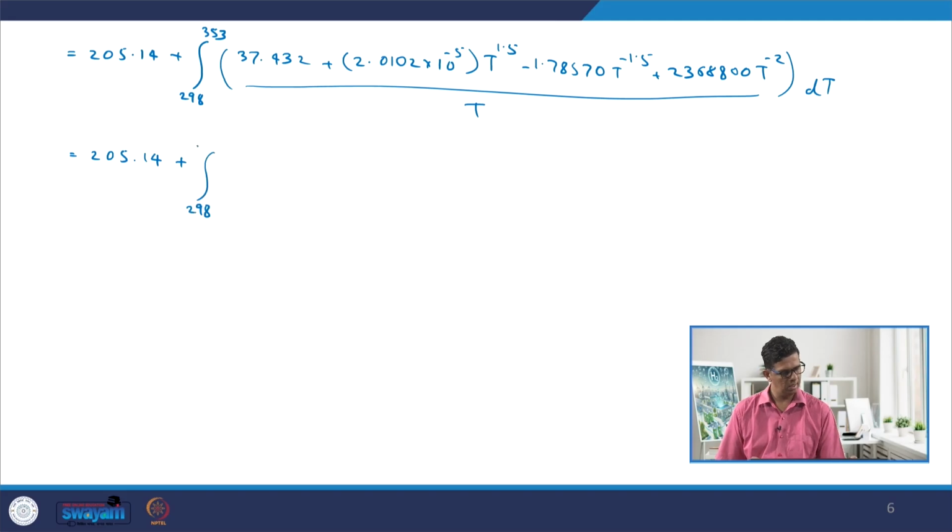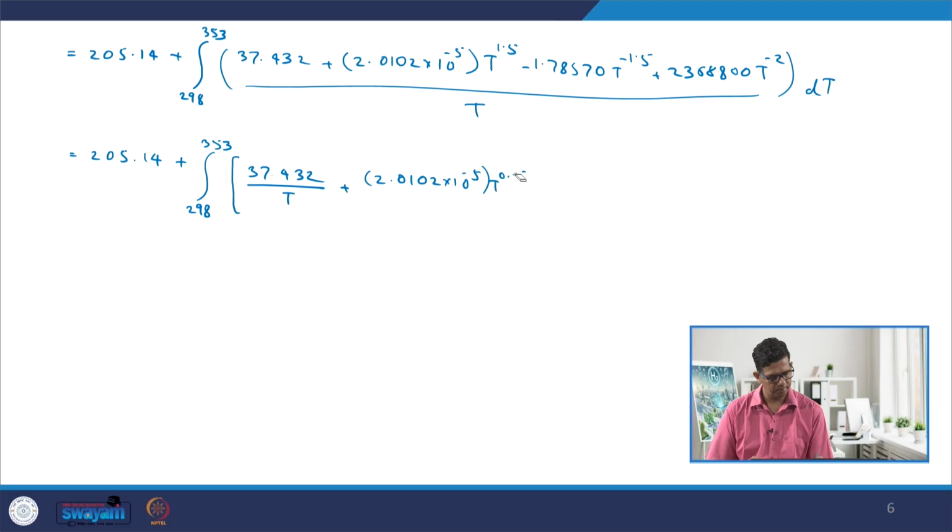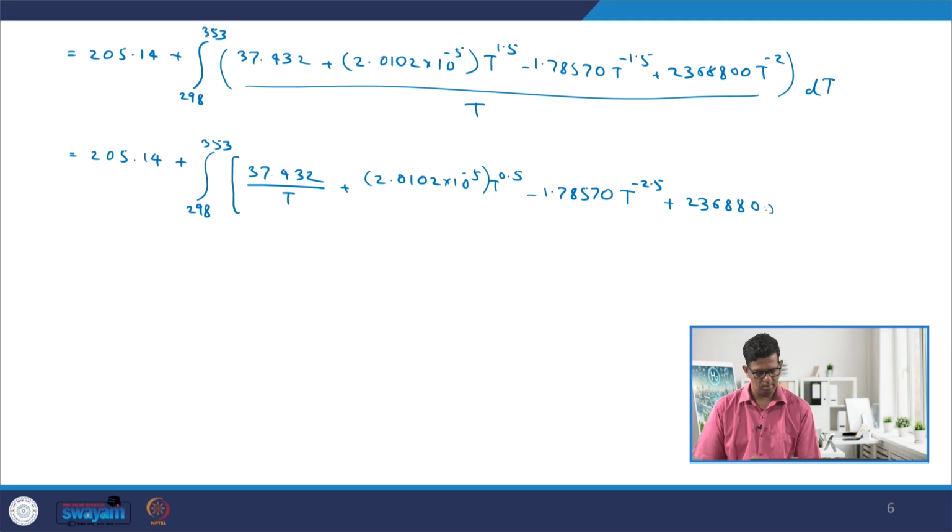This is 298 to 353, this comes 37.432 by T plus 2.0102 times 10 to the power minus 5 times T to the power 0.5, then minus 1.78570 times T to the power minus 2.5 plus 2368800 times T to the power minus 3.